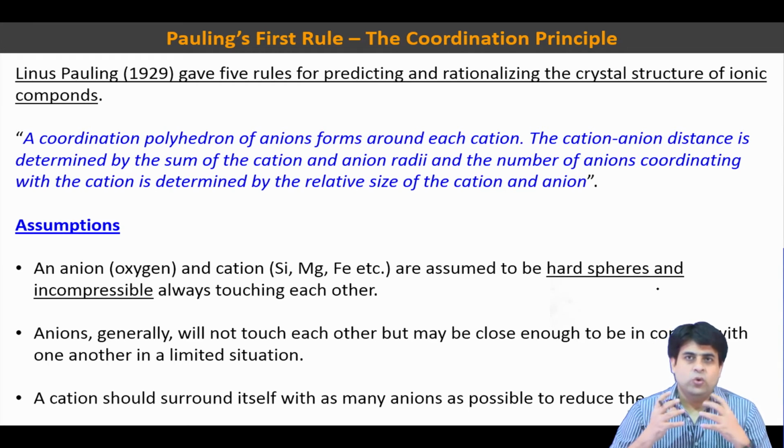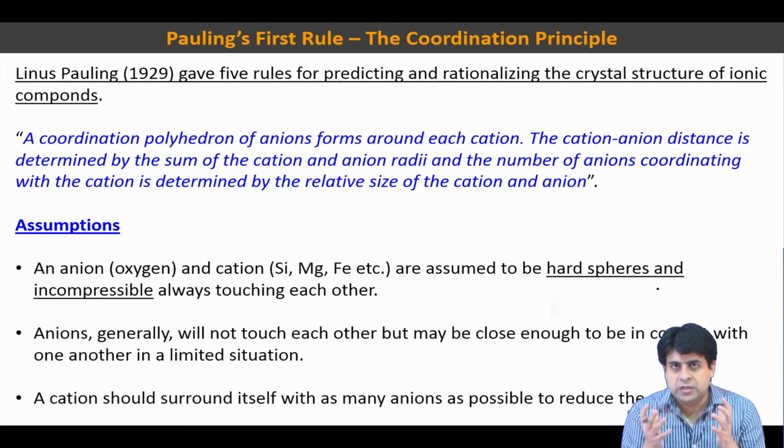We know that oxygen is the most abundant element in the earth's crust and mantle. In terms of volume percent, more than 90 volume percent of the crust and mantle is made up of oxygen. An oxygen atom is relatively very large compared to the other cations present in the crust and mantle.